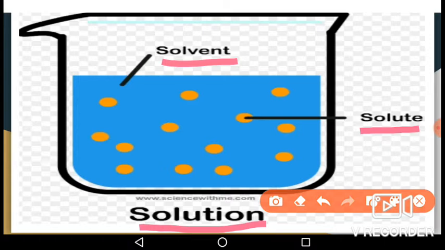In a solution, the substance which gets dissolved is the solute, whereas the solvent is the substance in which the solute dissolves. There are many products in day-to-day life prepared by the mixture of one or many solutes and a solvent, which form a solution. These products are medicine, soap, tea, coffee, lime juice, etc.